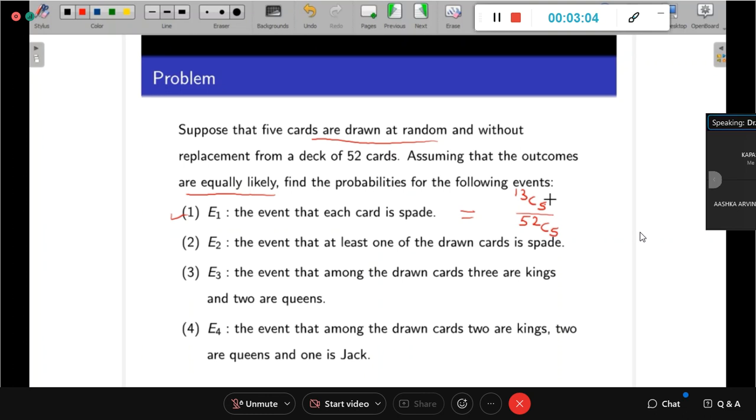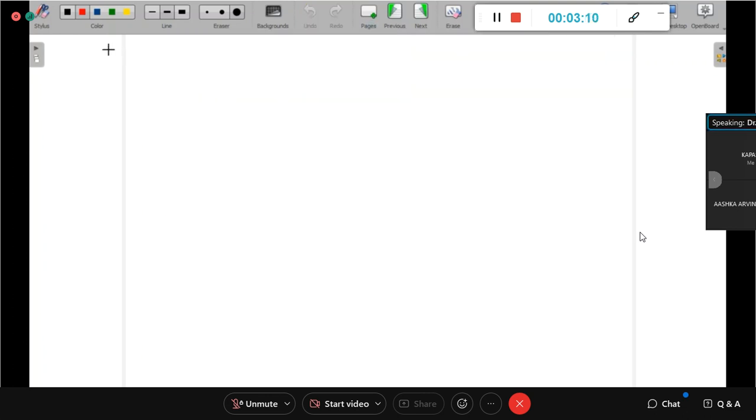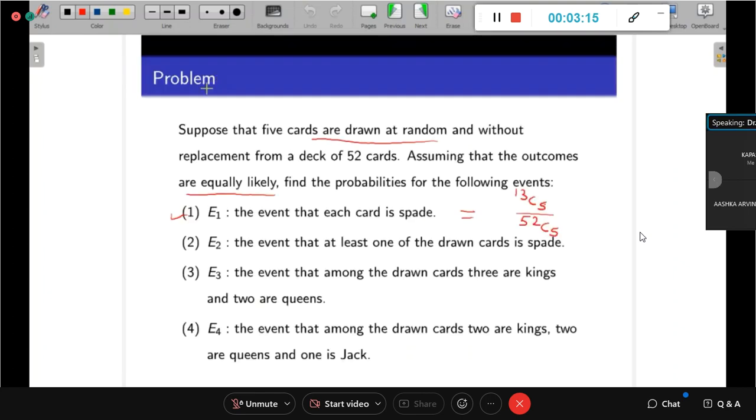Now let's move to the second problem: the event that at least one of the drawn cards is a spade. This is an interesting problem. Let me move to the next page. We want the answer for this.